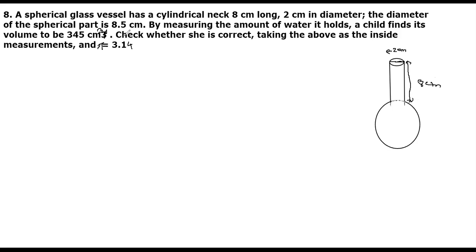The diameter of the spherical part is 8.5 centimeters, that means this part from here to here. So we have to find the volume of the spherical vessel and check with this one.